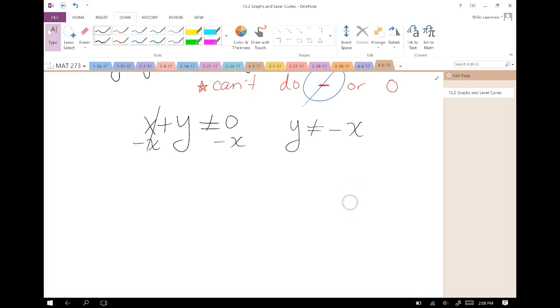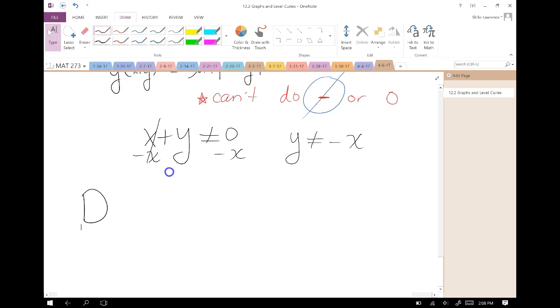So we write it in set builder notation. The domain for this function, whose name is g, so we write a little subscript g, capital D subscript g, the domain of g, is the set of all ordered pairs x, y, such that, and we list the restriction that we have to follow.